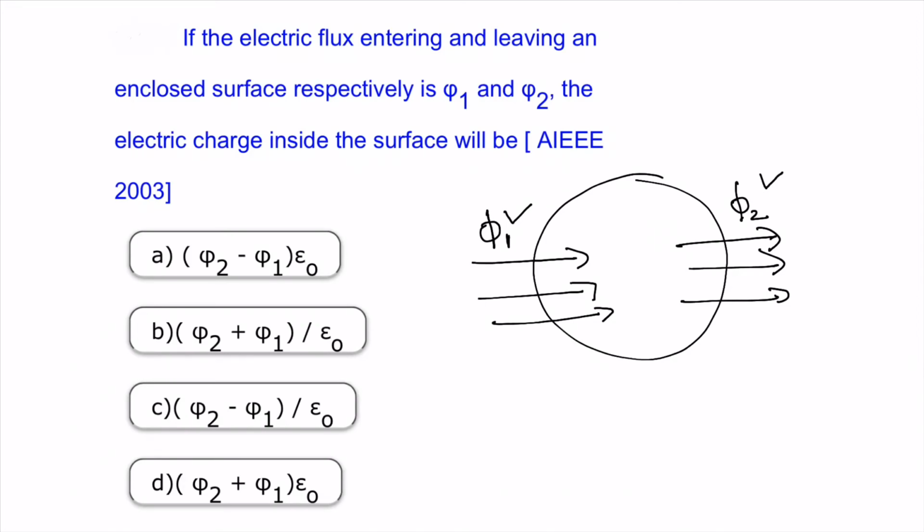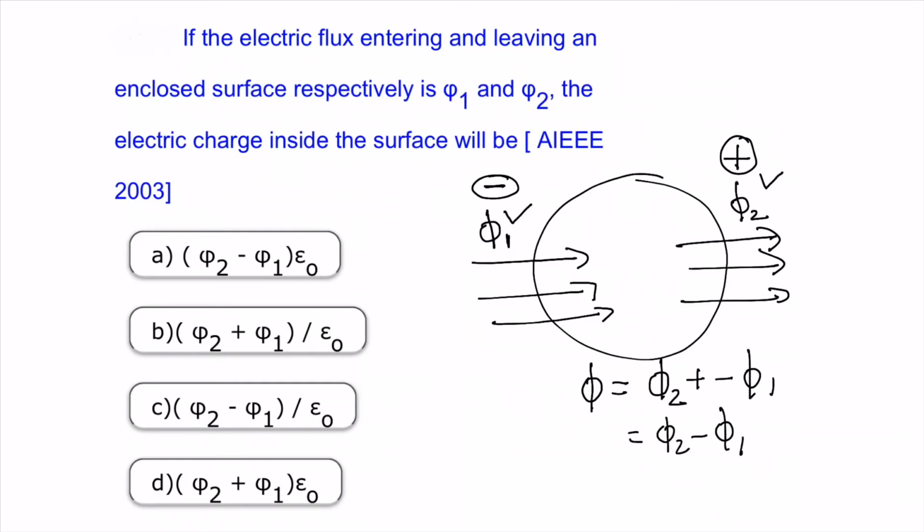By convention, we already know the flux entering the surface is taken as negative and the flux leaving out is taken as positive. So resultant flux will be the algebraic sum of these two, right? So it should be phi2 plus minus phi1, so it should be phi2 minus phi1.